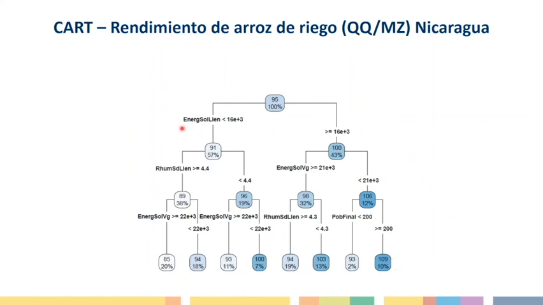And the optimal conditions were for the sunlight during the filling phase to be equal to 16,000 calories per cubic centimeter, the solar radiation in the vegetative stage should be below 21,000 calories per cubic centimeter, and the final population should be above 200 plants per a certain area. So these are the most favorable conditions for rice yield. We could also identify the least favorable ones. That would be this path.